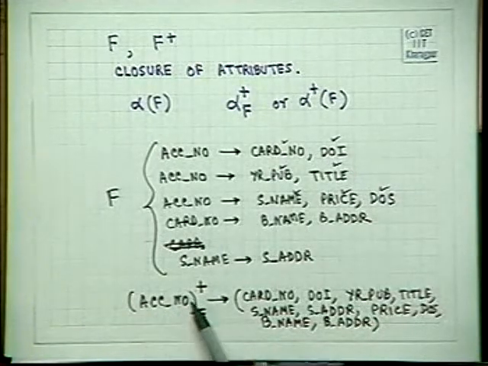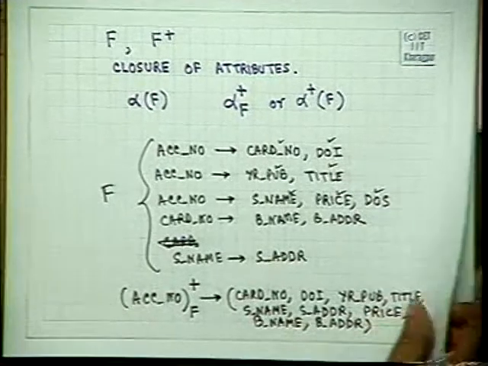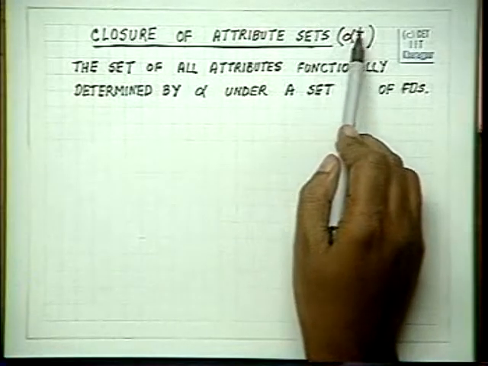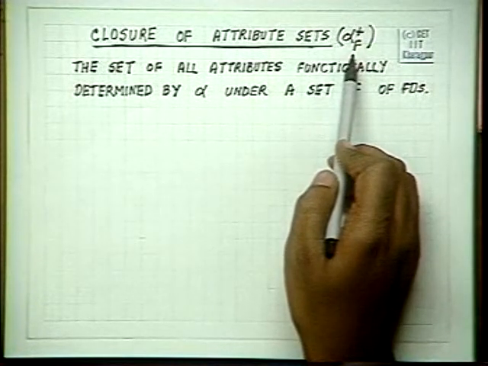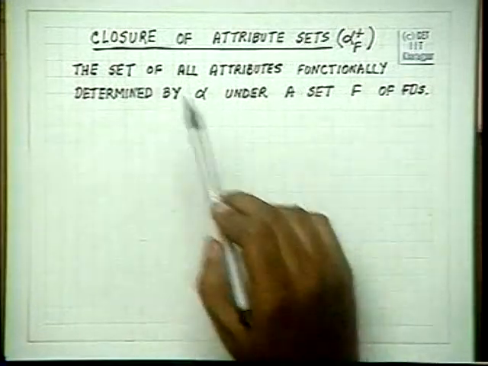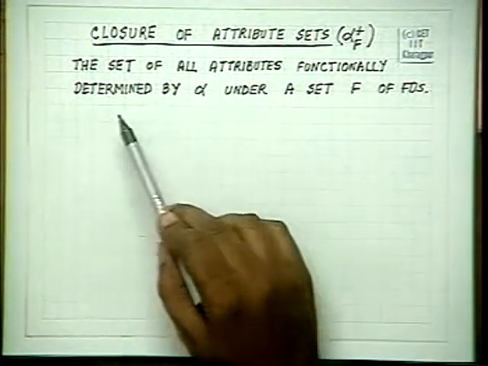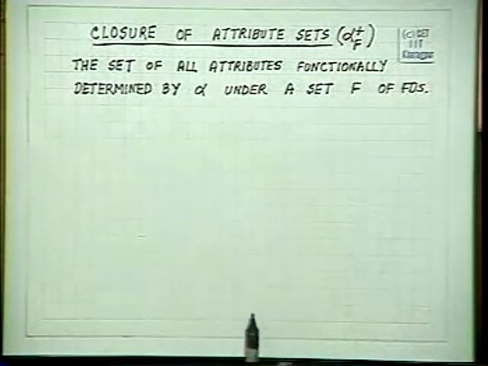Now, this need not be a single attribute, it may be a set of attributes. Formally, closure of an attribute set alpha is said to be alpha plus over F. It is always over a set of functional dependencies, and it is the set of all attributes functionally determined by alpha under a set F of functional dependencies.